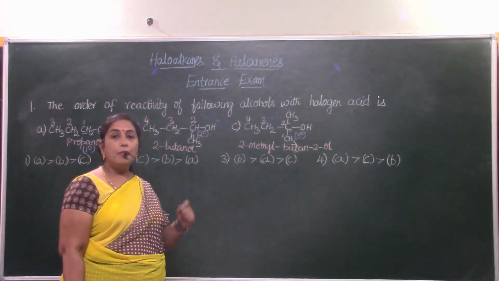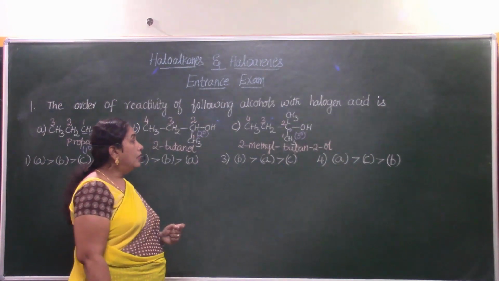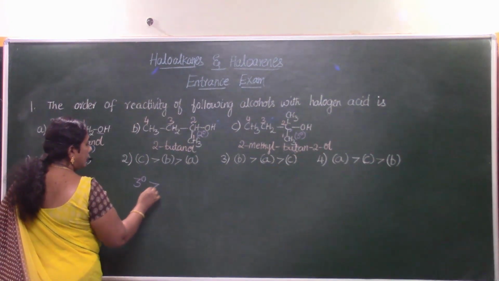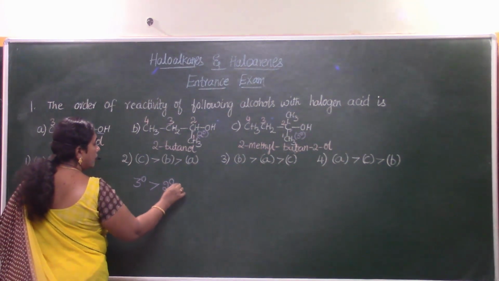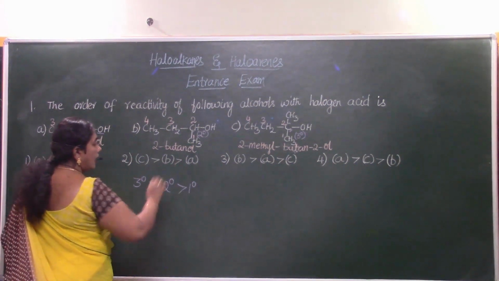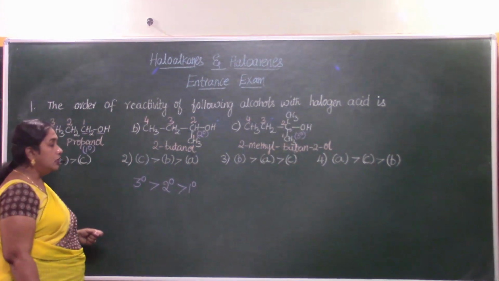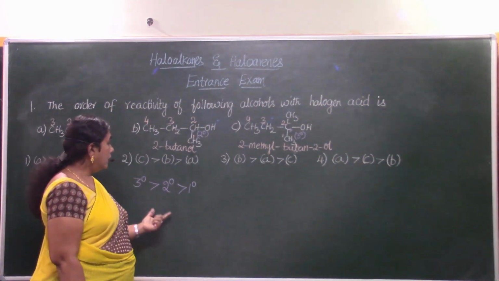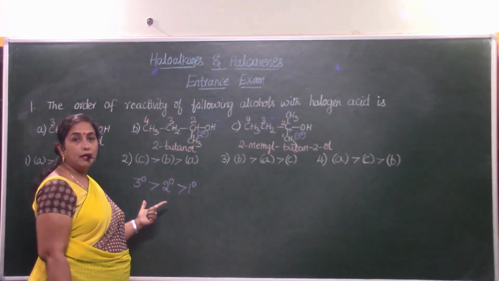What is that method of preparation telling us? Tertiary alcohols are greatly reactive than secondary alcohols, which are greatly reactive than primary alcohols with a given halogen acid. So this is purely based on this particular point.